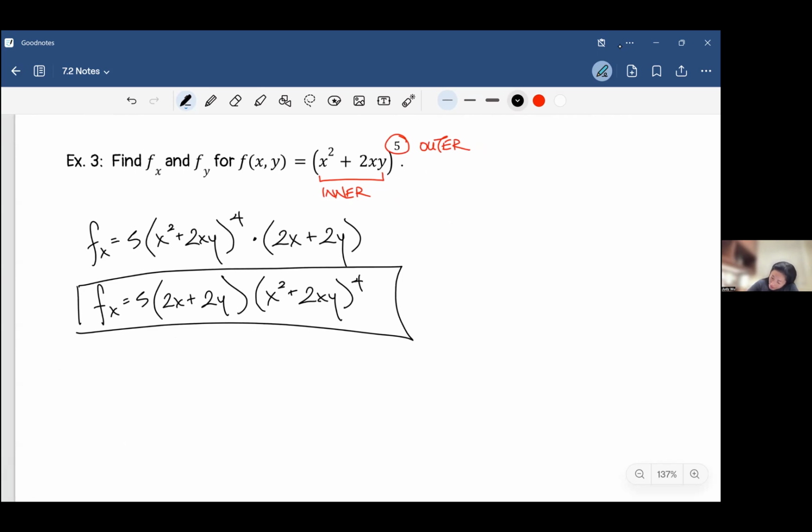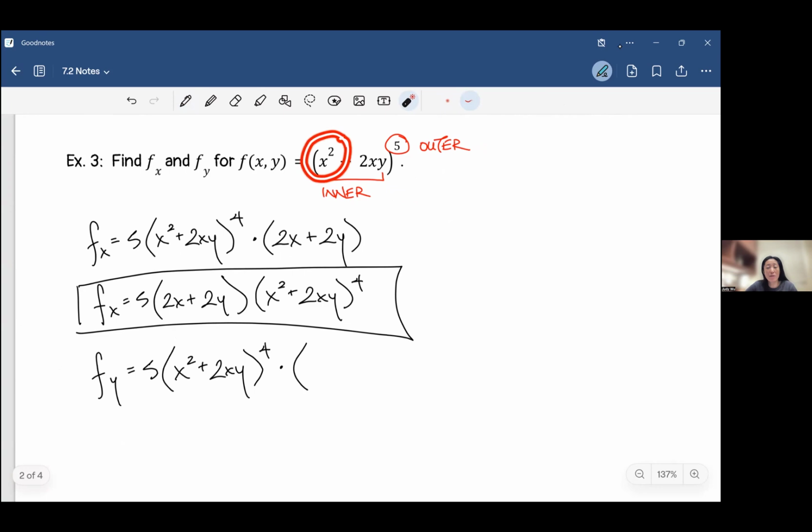All right, let's go ahead and find our fy. We're going to start with the same outer function, right? It's both something to the 5th power. So 5 times x squared plus 2xy to the 4th times, all right, x squared, when I'm taking a derivative with respect to y, is actually 0.